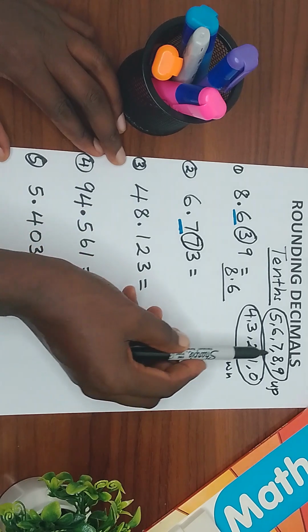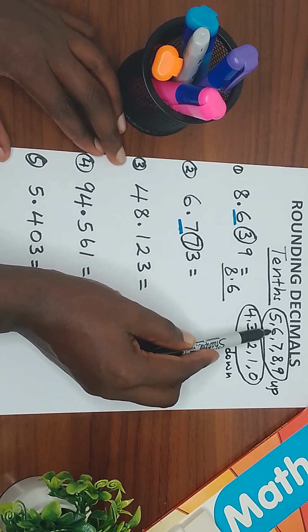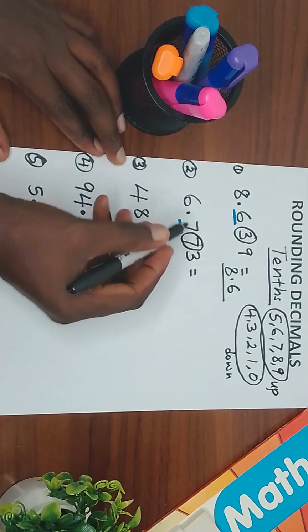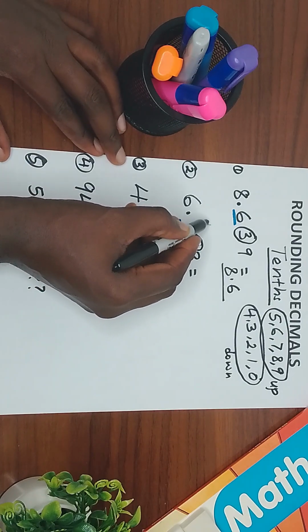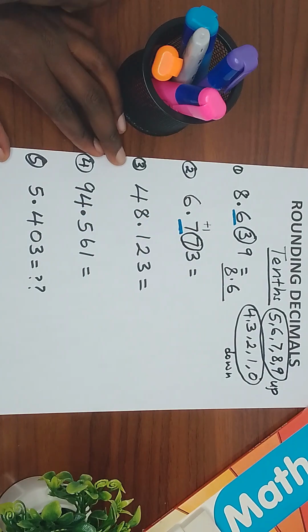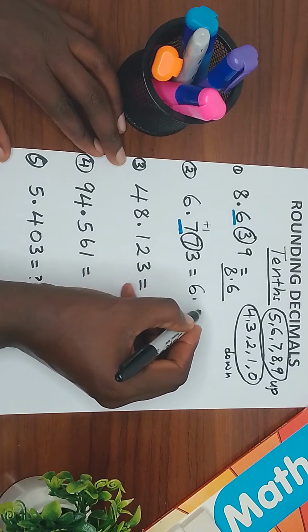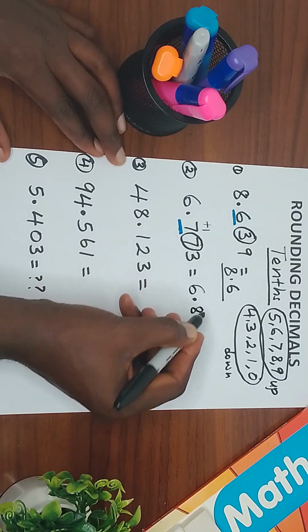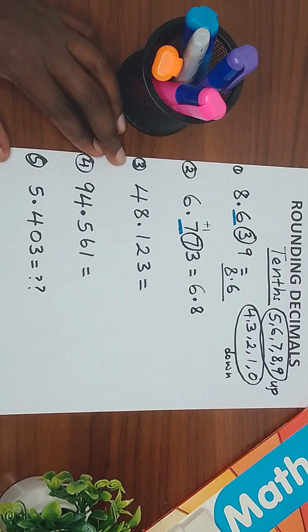In other words, when the number next to the number you're looking for is 5, 6, 7, 8, or 9, this number in the place value has to change by adding a 1 to it. So in this case, our answer is 6.8. So this 7 is going to change to 8. Let's look at the next example.